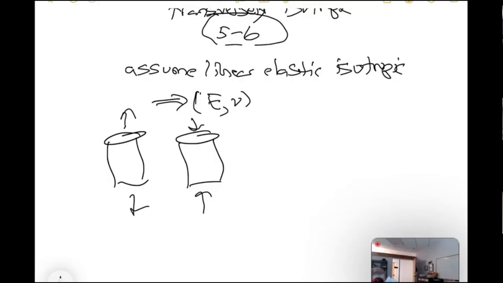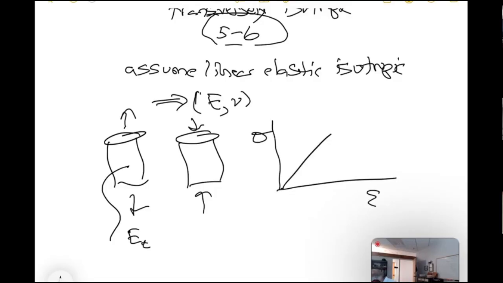Okay. If we do this test, we'll measure a modulus. I'll call it ET. If we do this test, what are we going to get? We'll get a modulus that I'll call EC. So if we do this test, I'll call it E compressive. And if we do this test, I'll call it E tensile.